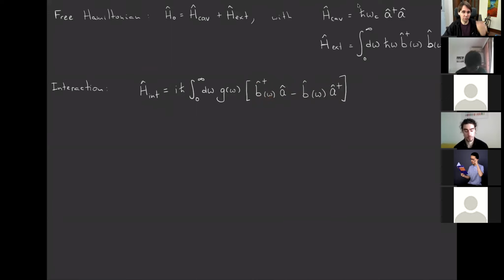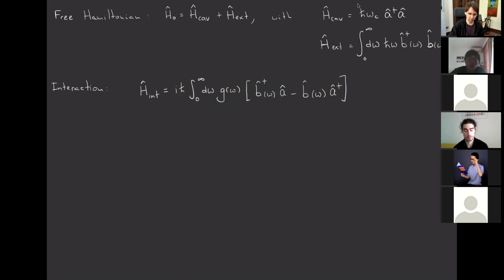And each of these processes will be accompanied by some kind of coupling rate. And this coupling rate, in principle, can depend on the frequency. So different frequencies will have a different probability of being converted from a cavity photon into a photon outside the mirror.